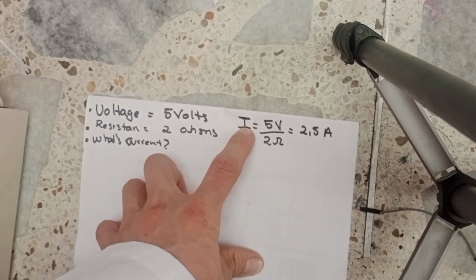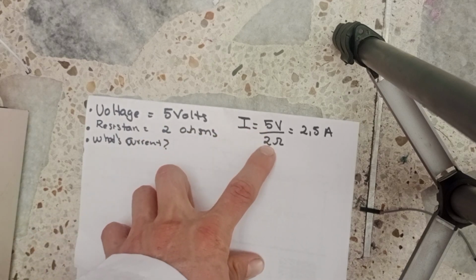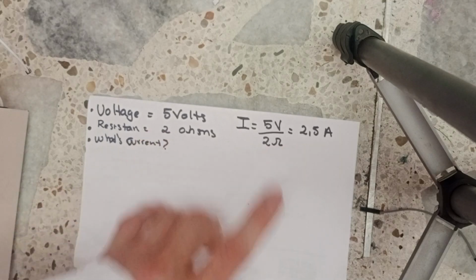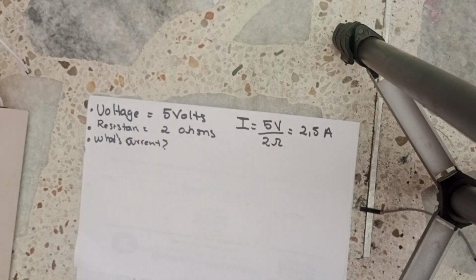The current equals 5 volts divided by 2 ohms. It's equal to 2.5 amperes. It's a piece of cake. You just have to divide, right? That's the exercise. That's how you can use this concept of Ohm's law to get the current, right?